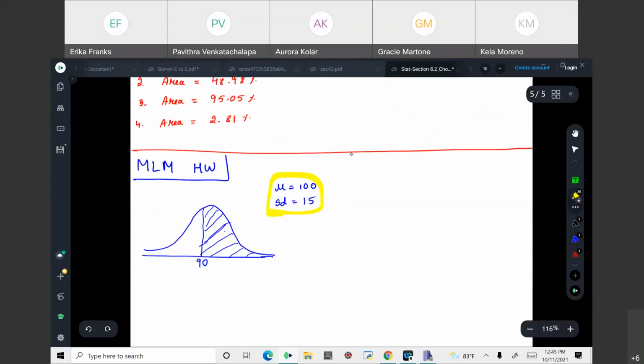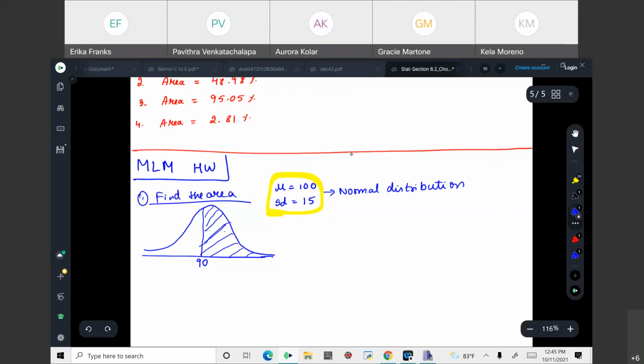The mean and standard deviation are not 0 and 1, so it is normal distribution. Keep this in mind. If you have values for mu and sigma, that is normal distribution. So you will have to find the X score if it is asked.